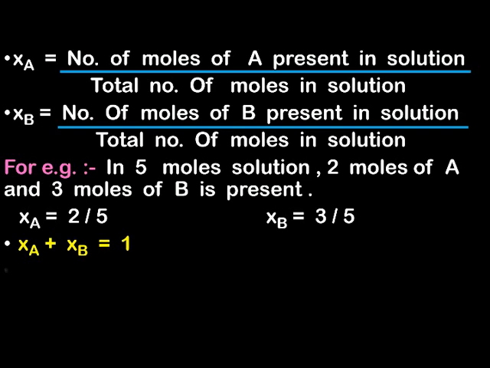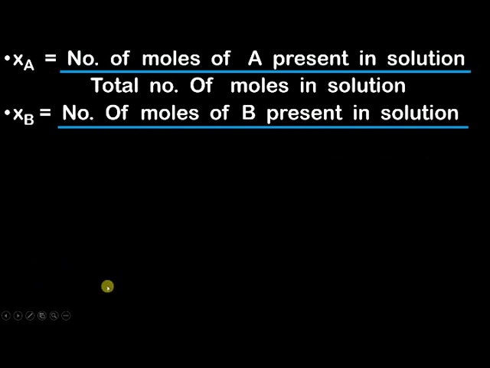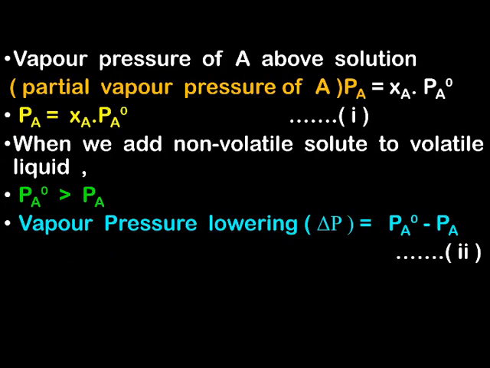Clear with this? Now guys, I am going to shift this XB to the right hand side. So when you shift this XB to the right hand side, the value of XA becomes equal to 1 minus XB. Clear with this? Now guys, we are going to use this relation in equation number 1. What is our equation number 1? See, XA is equal to 1 minus XB. So in this equation number 1, we are going to substitute the value of XA. Okay, so let's substitute it.